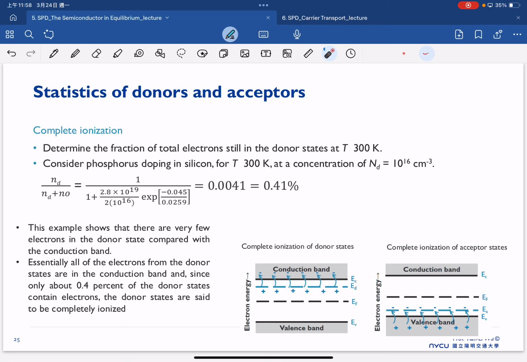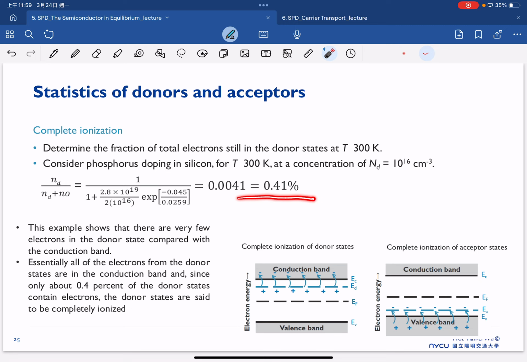So consider phosphorus doping with some condition, and therefore we put the numbers in. In the end, the result is only 0.41%.